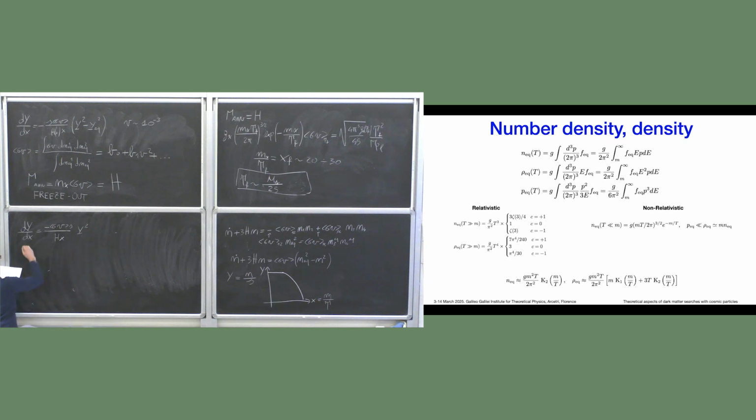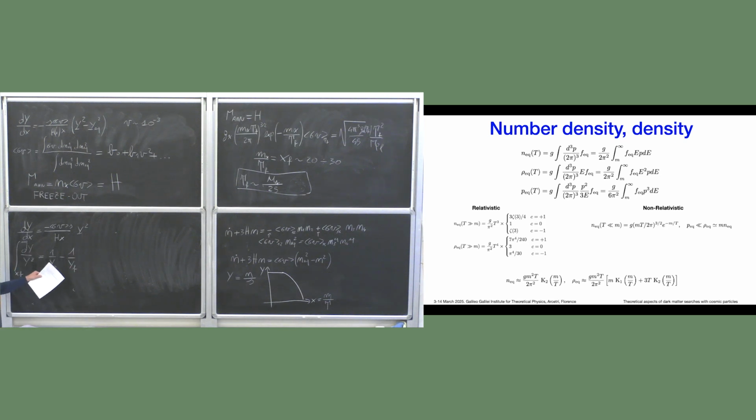So we can move Y on the other side. We integrate this from the freeze out to infinity, and this will be equal to Y0 minus Y at freeze out.